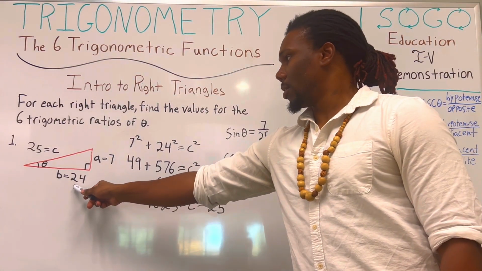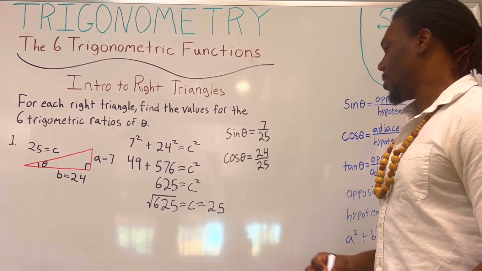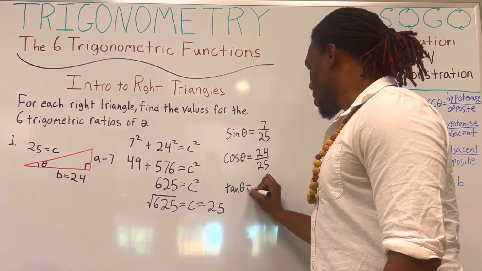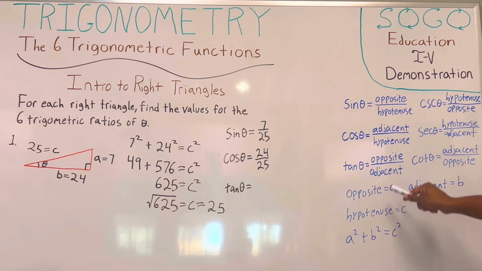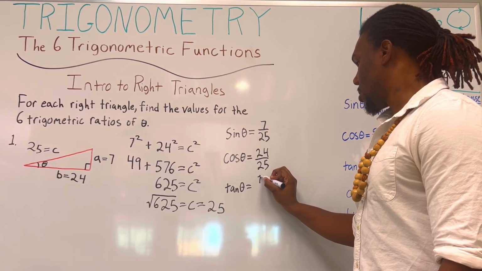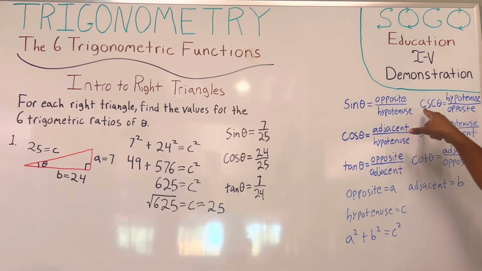Adjacent is B, 24. Hypotenuse is C, 25. So cosine theta is 24 over 25. Then lastly, we have tan theta, which is opposite over adjacent. Opposite is 7, adjacent is 24. So tan theta is 7 over 24.